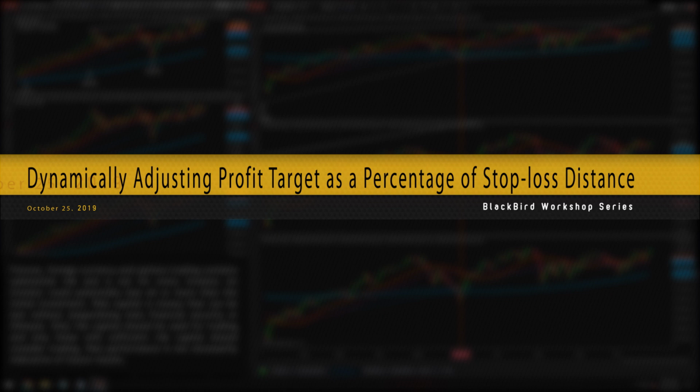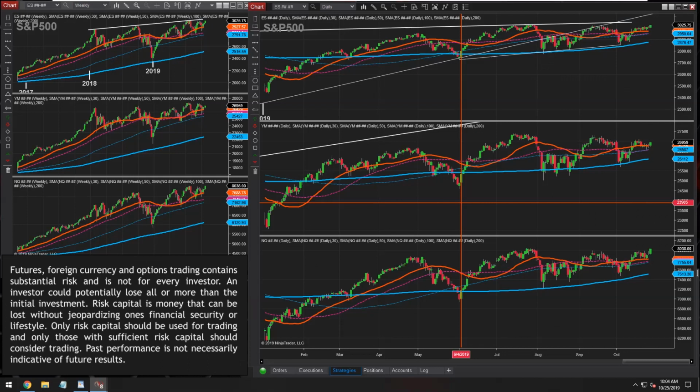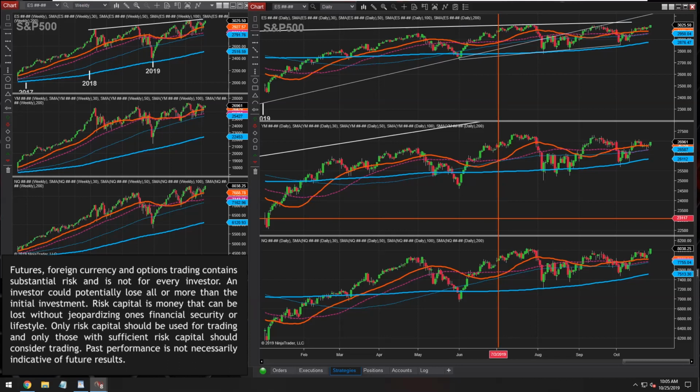Yeah, so we had a question from a customer asking if there's a way to vary the profit target based on the stop loss distance, right? So in other words, if it's a 10 tick stop loss, then take that 10 ticks and multiply it by 2 or multiply it by 1.5, whatever.